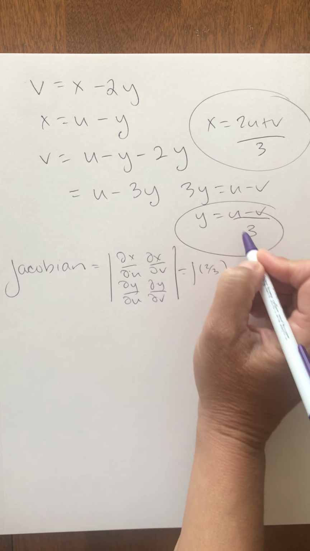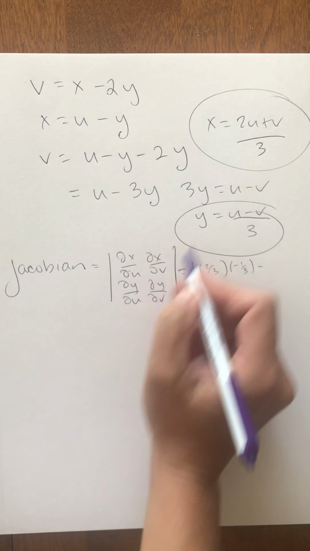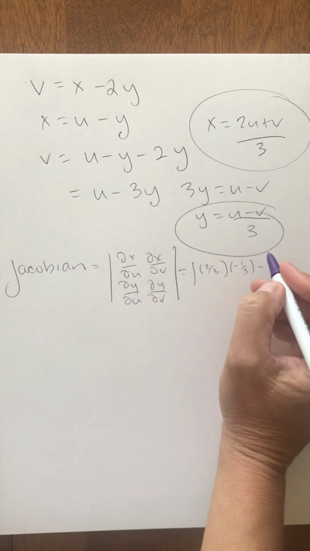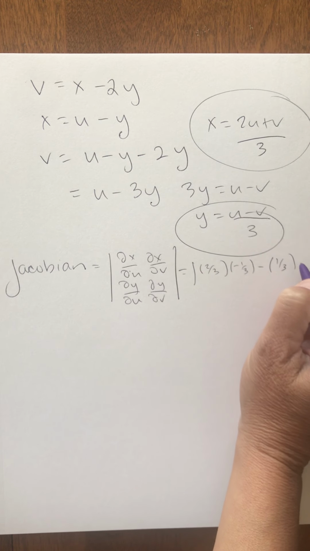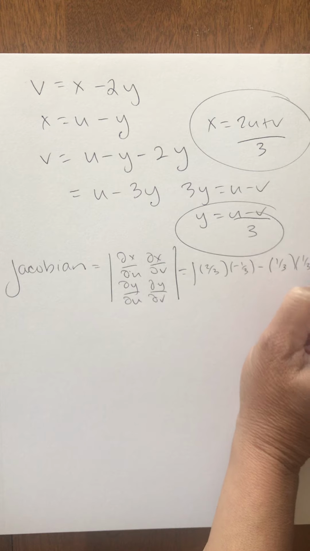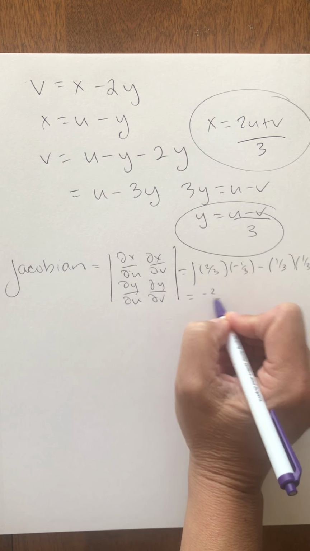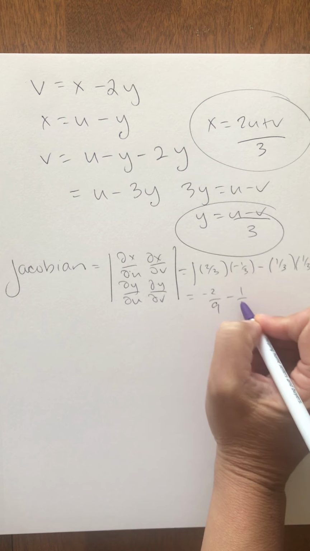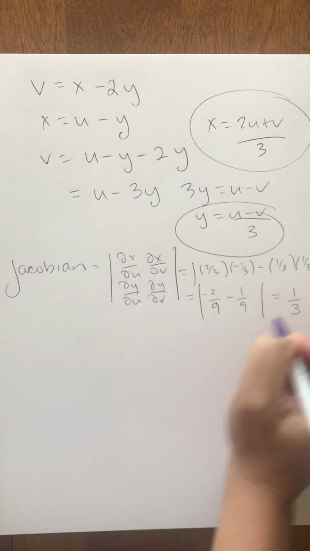The partial of y with respect to v is negative 1/3. Minus the partial of y with respect to u is 1/3. And the partial of x with respect to v is 1/3. So I get negative 2/9 minus 1/9, which is negative 3/9, which is negative 1/3.